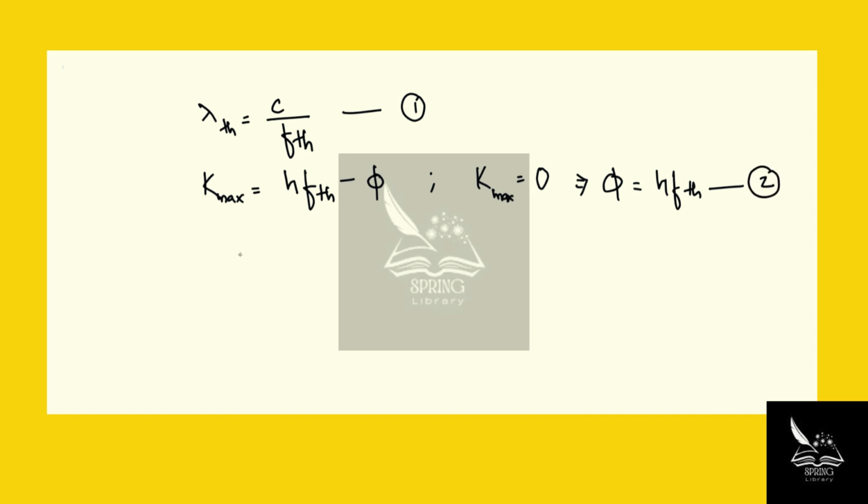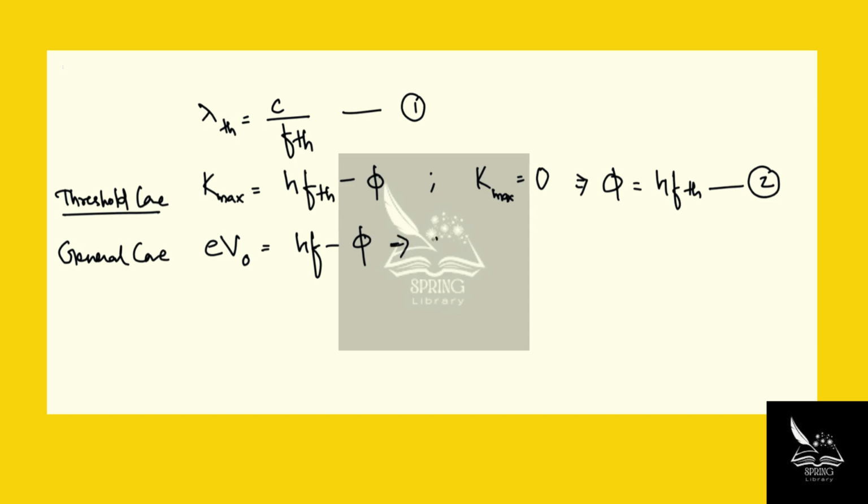Now to find phi, the work function, we will use the following equation. This is also an equation for the photoelectric effect, but here we have the kinetic energy expressed in terms of the stopping potential, and this is equal to the energy of light, or energy of photons, minus work function. The first equation for the photoelectric effect we solved for the threshold case, and the second equation is for any general case.